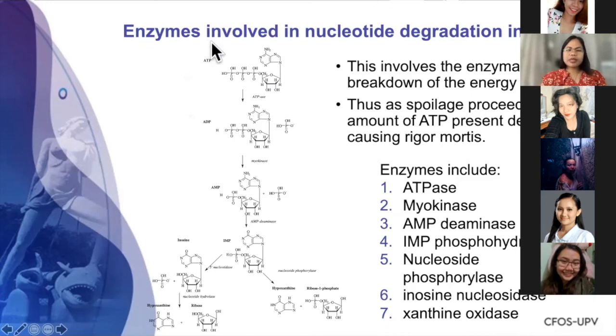So ang ATP will be degraded from ATP to ADP, AMP to IMP, and then inosine and hypoxanthine. Ayan. So as I have mentioned earlier, IMP is responsible for the fresh and sweet flavor of fish, while the inosine and hypoxanthine are the ones responsible for the bitter taste of fish, or of spoiled fish.